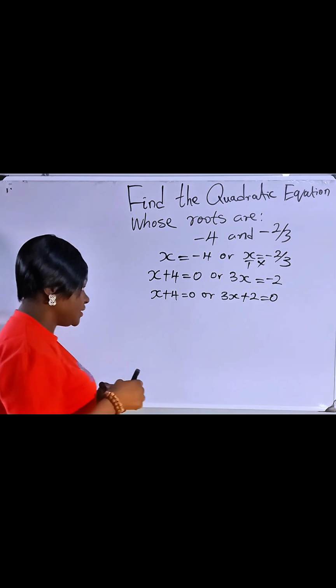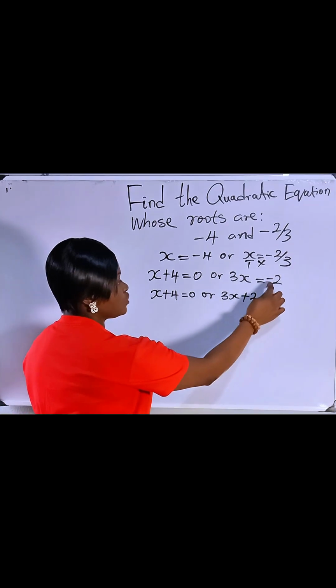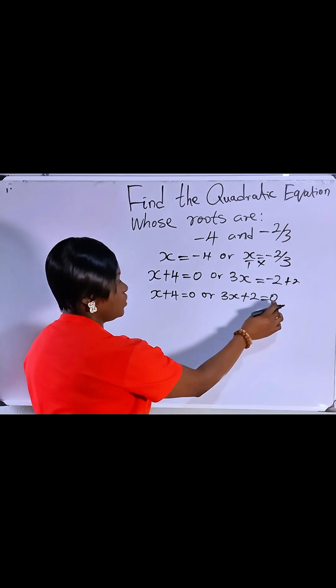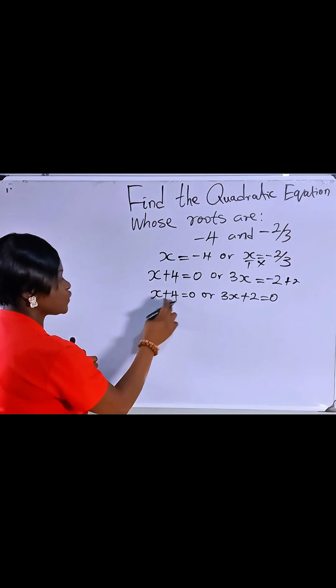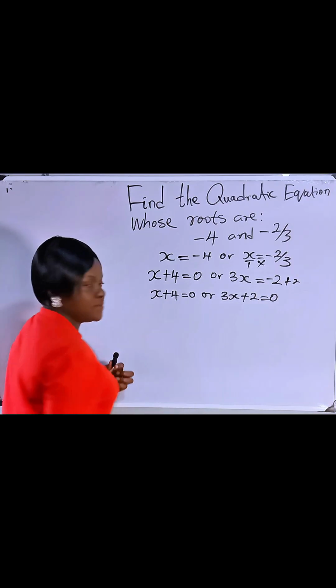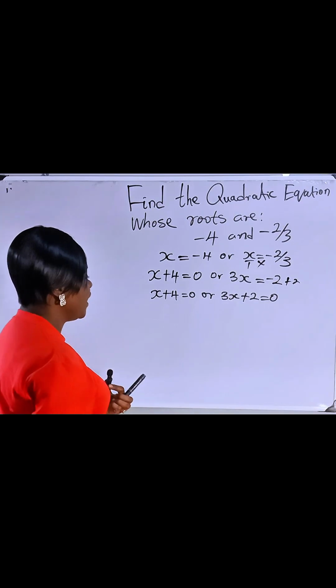This is what I did here: I added 2 to both sides, because -2 plus 2 gives us 0, and this gives 3x plus 2. Now, x plus 4 equals 0 or 3x plus 2 equals 0. Remember that we are trying to reverse back to the quadratic equation.